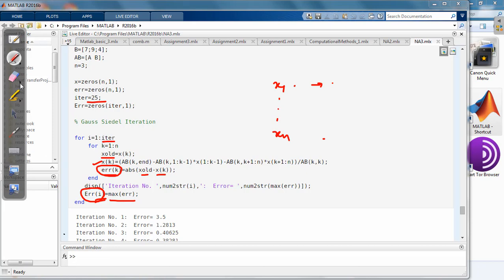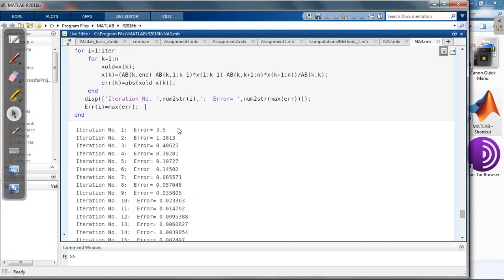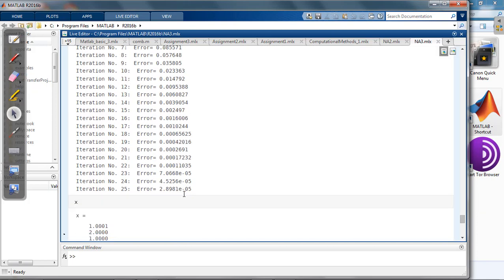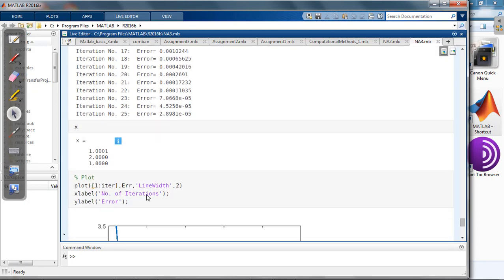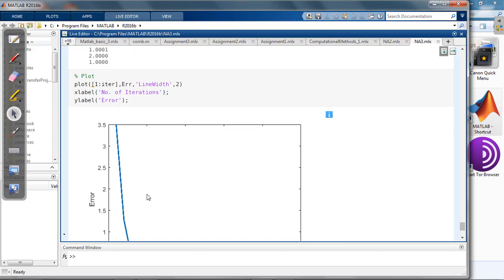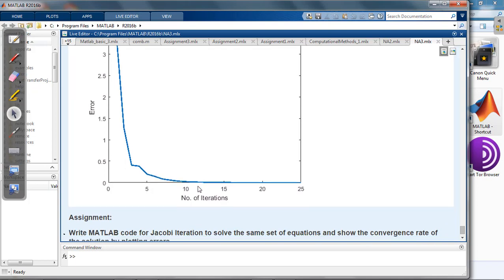Finally, after the iterations, if we see the result, for iteration number 1 you see what the error was, and gradually the error is decreasing. You can also see the values of x, and you can plot the error to see how it is changing. You can see that after 10 or 12 iterations the error is almost zero.